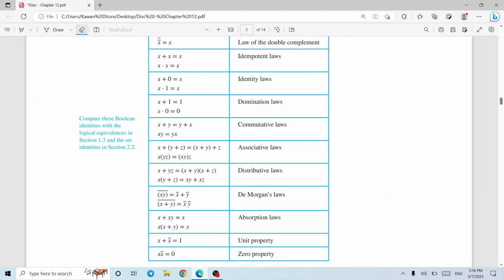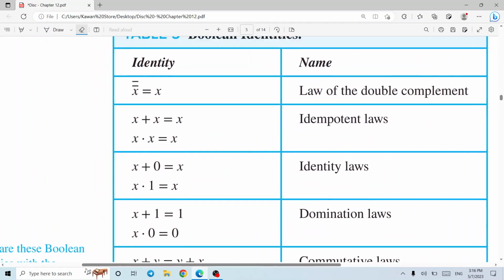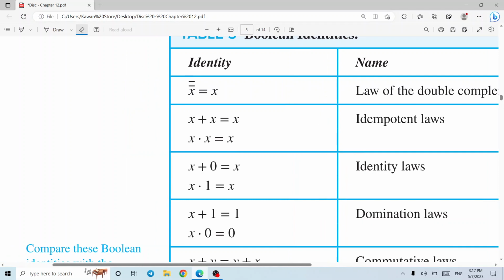Now, what's that? Can you tell me what's that? Give me some idea. You don't need to sleep, just be here. You can get it. Exactly. So tell me about that one. Complement of complement, negation of negation. Do you remember? It's equal to itself, right?